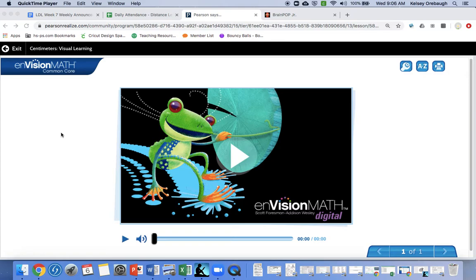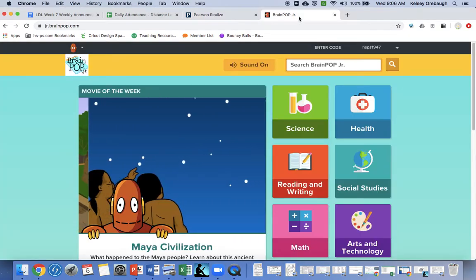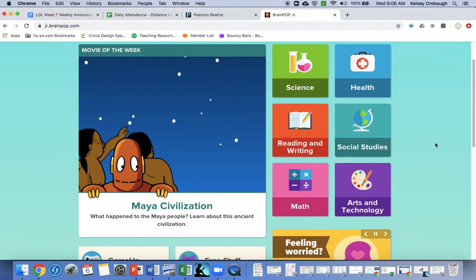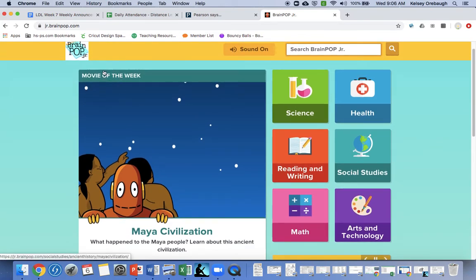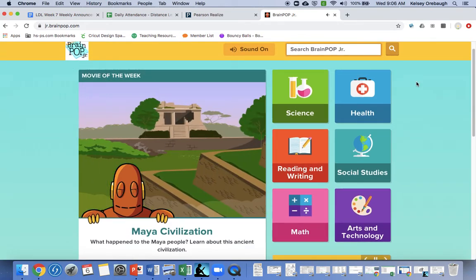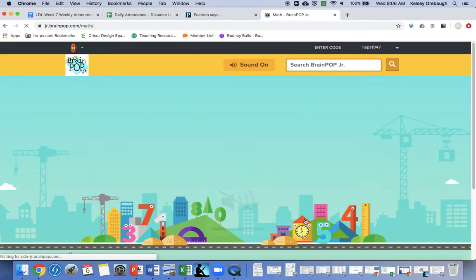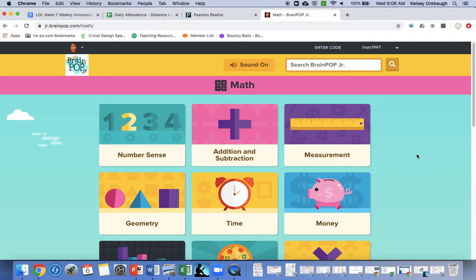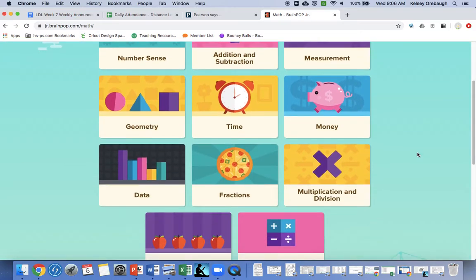It's pretty small, okay? I wanted to show you a resource you can use other than our Pearson Realize resource. I've talked about this before many times, and you all have access to BrainPop right now during this long distance learning time. If you go onto the main BrainPop website, the BrainPop Junior website to be specific, go to the math section. And then there are all these different categories.